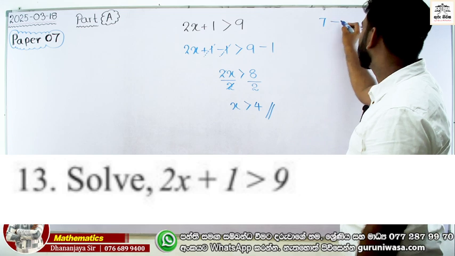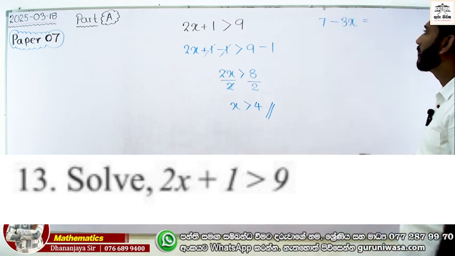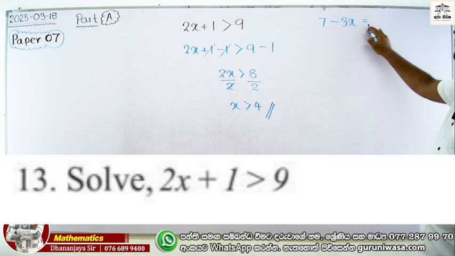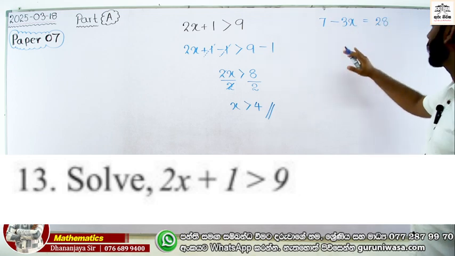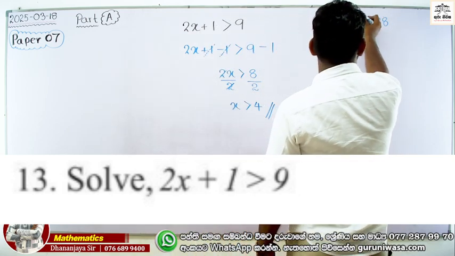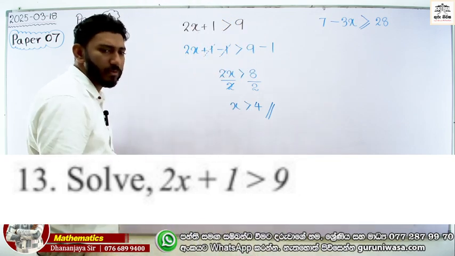7 minus 3x, and 28. Sorry, it's not equal. Greater than or equal. Now hurry up.